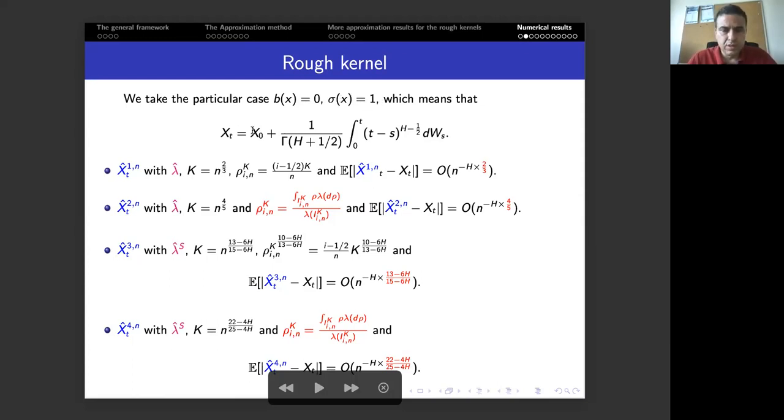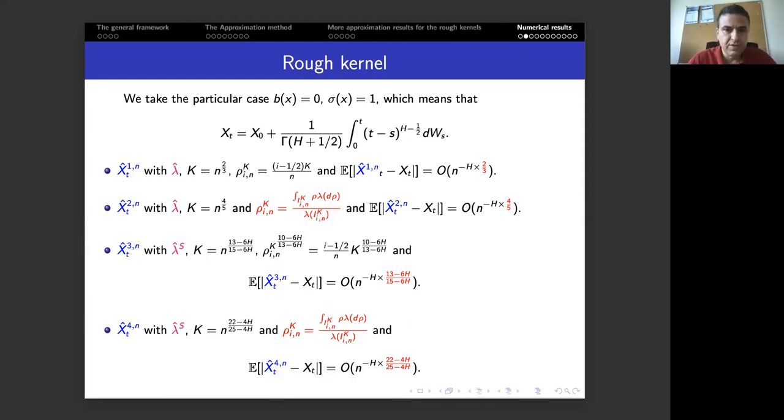So the stochastic Volterra equation corresponds to this stochastic integral here. And for this approximation, we have in mind an application, because this is clearly connected to the volatility of the rough Bergomi model. That's why we first focused on this specific case of stochastic Volterra equation.